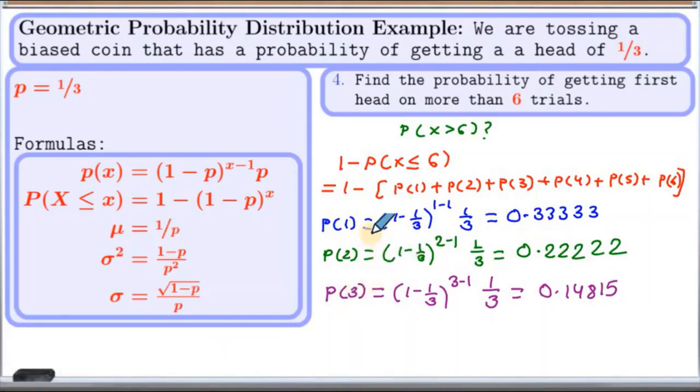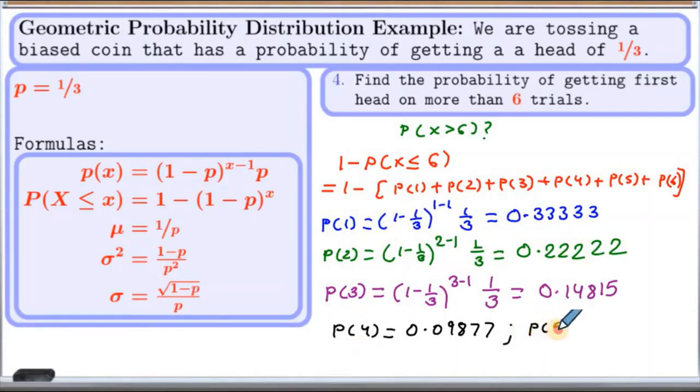Using the same concept and formula, we can easily find the probability of 4, probability of 5, and probability of 6. For now, I am just going to list those here. Probability of 4 equals 0.09877. And let me write that here.